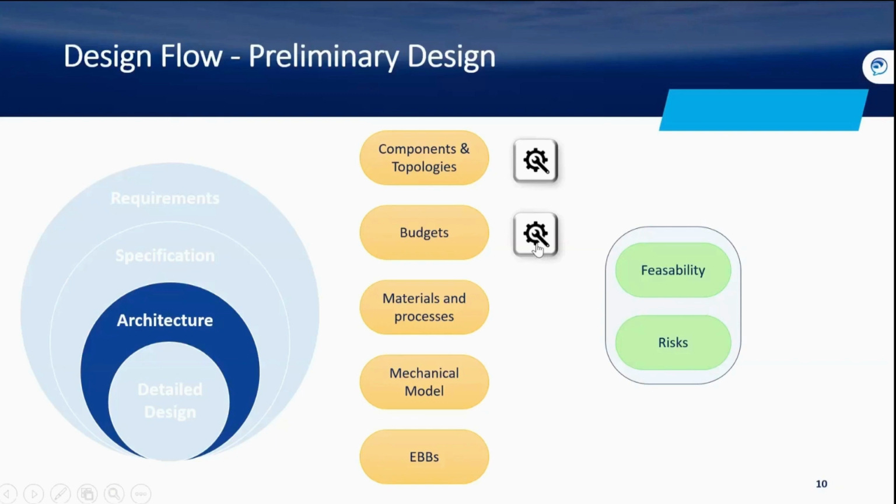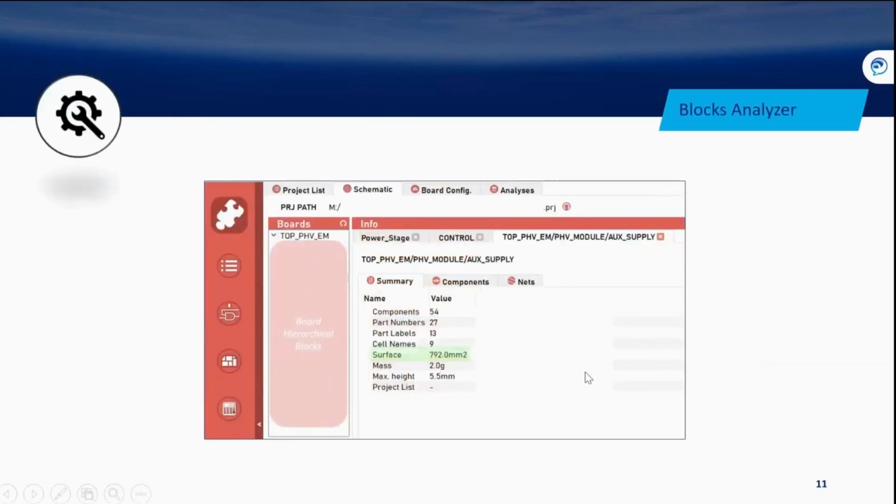So for this particular budget, a tool has also been developed. You can see it here. We call it Blocks Analyzer, and it will automatically read our electrical and electronic schematics and give us super useful data such as the total occupation, the total mass of that module or of that function, and, for example, the maximum height of the highest component.